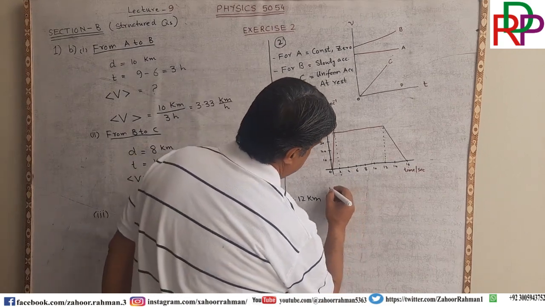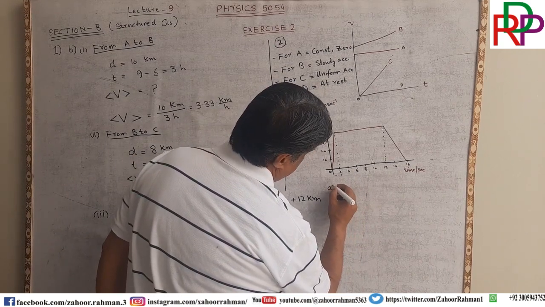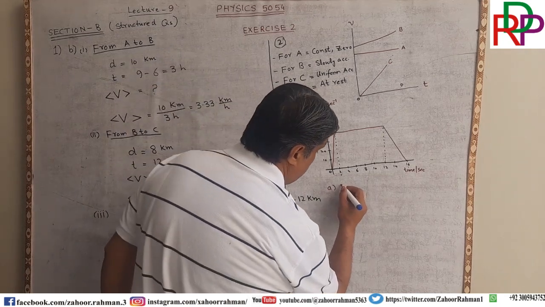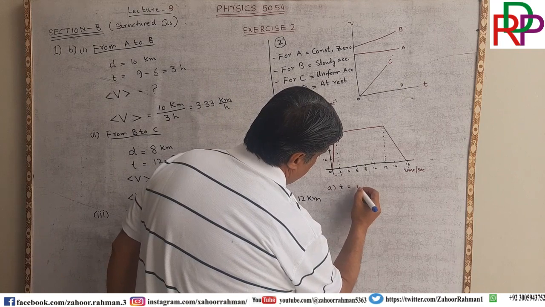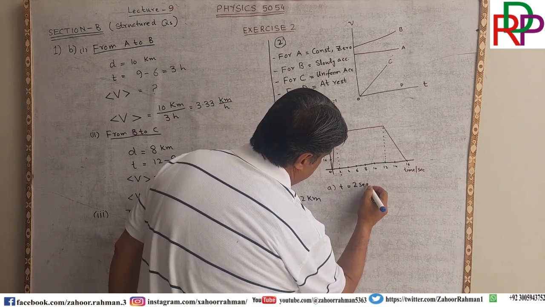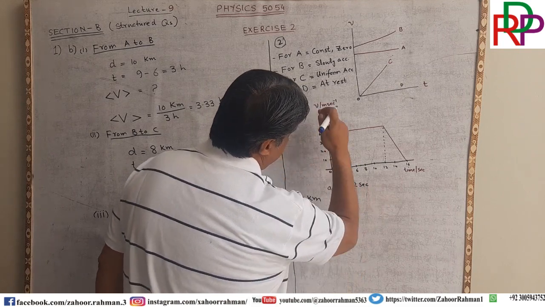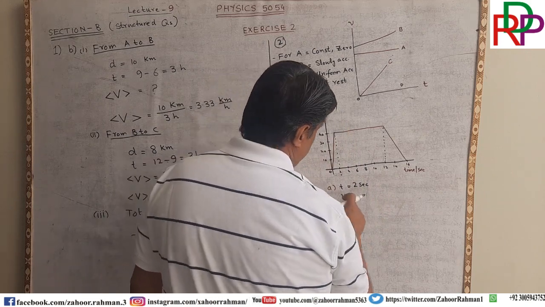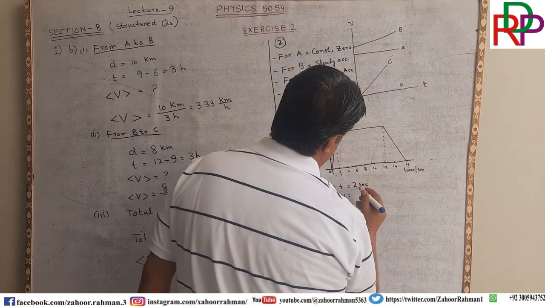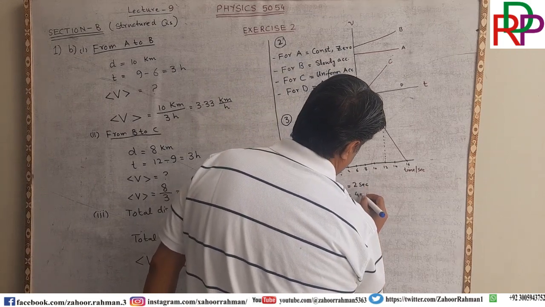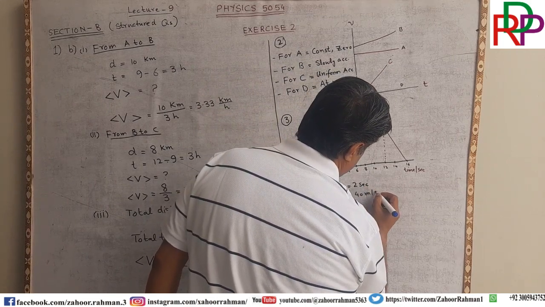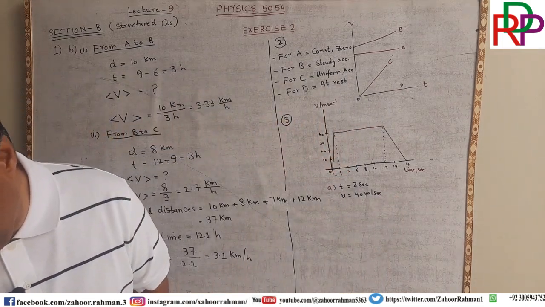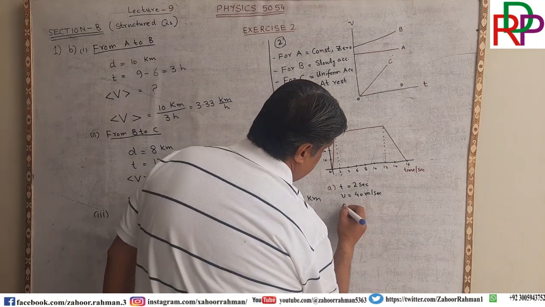In this A part, it is given that t is equal to 2 seconds and the velocity is 40 meter per second, and we have to find the acceleration.